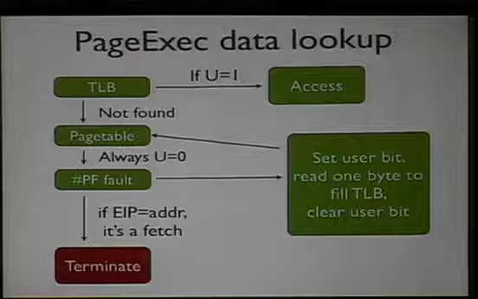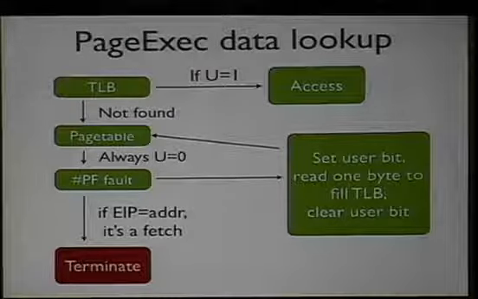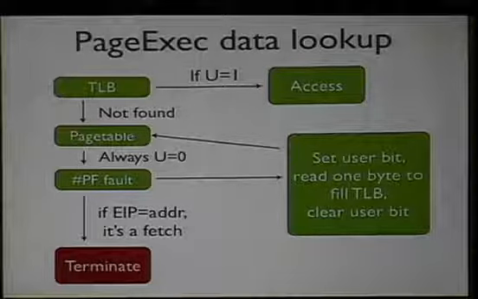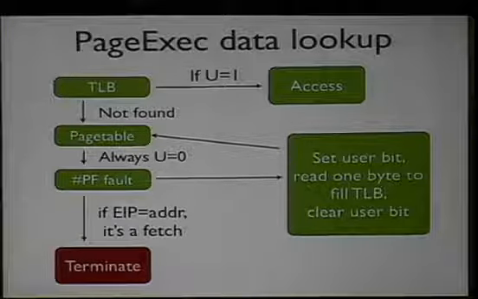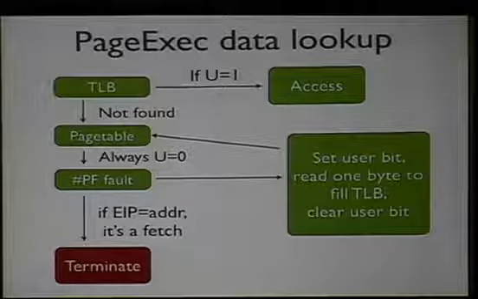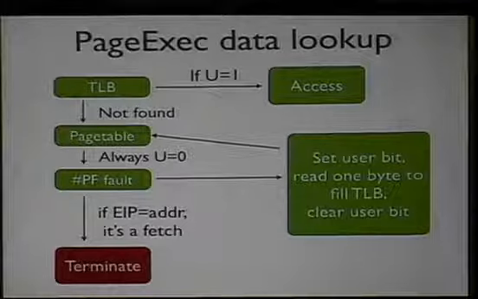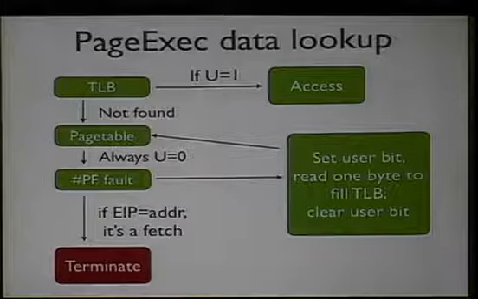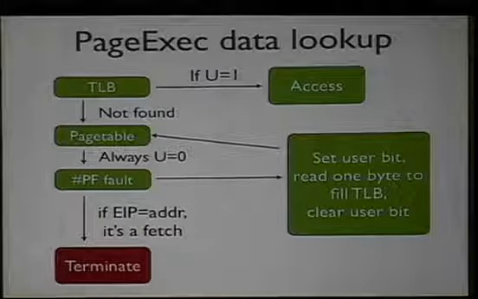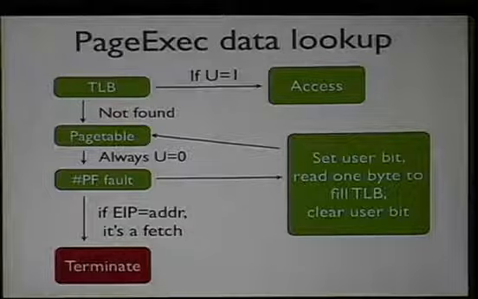And that's the way it worked. You set the supervisor bit, I'll call it the user bit. You set the user bit in the page table to trap on a data access. So we're looking at the DTLB, right? And you set it to trap always in the page table.